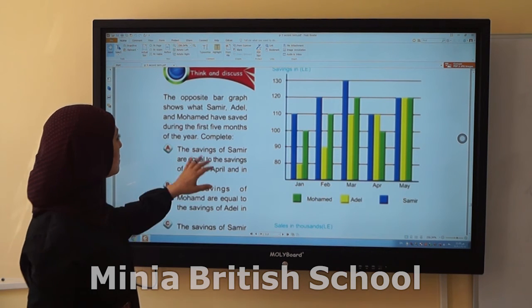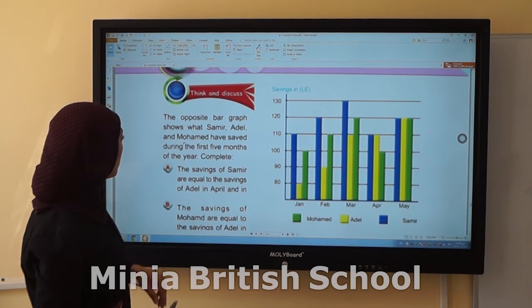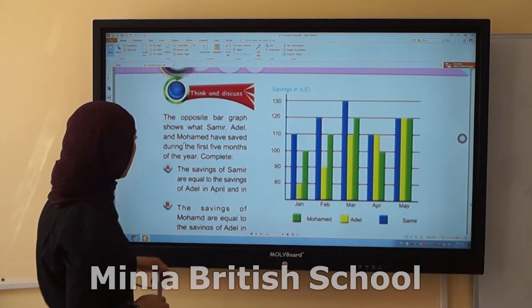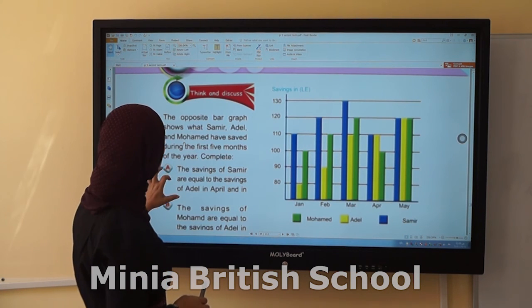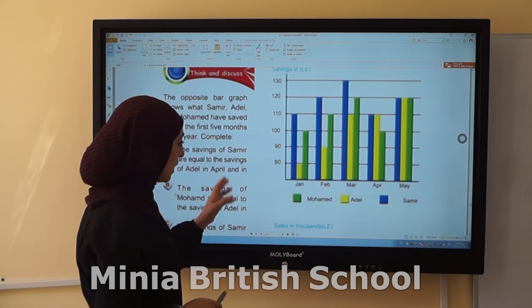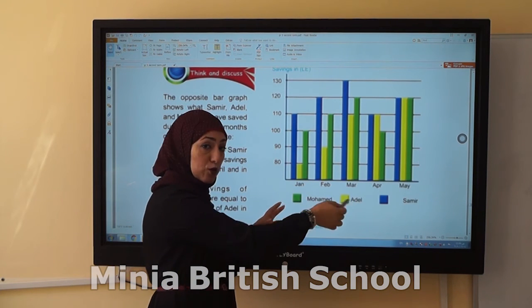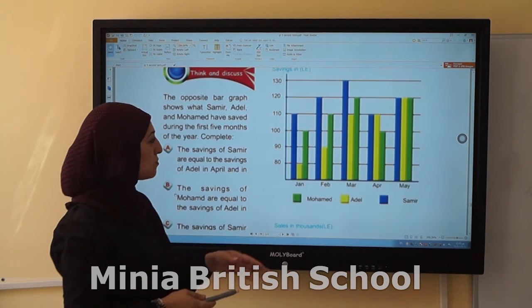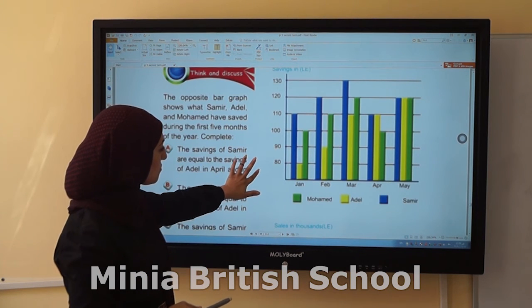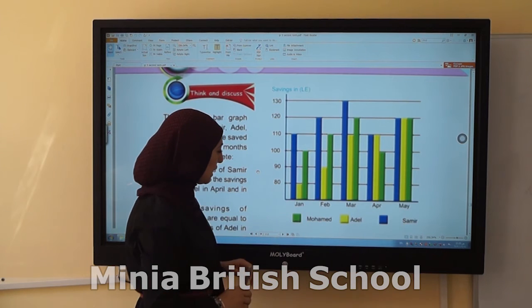What about this bar graph? How can I read it? The opposite bar graph shows what Samir, Aiden, and Muhammad saved during the first 5 months of the year. Here, there are 3 boys saving some money every month for 5 months, from January to May.